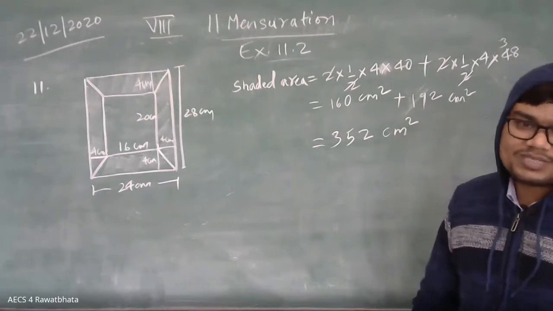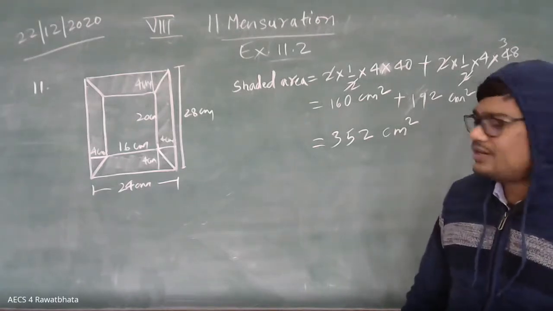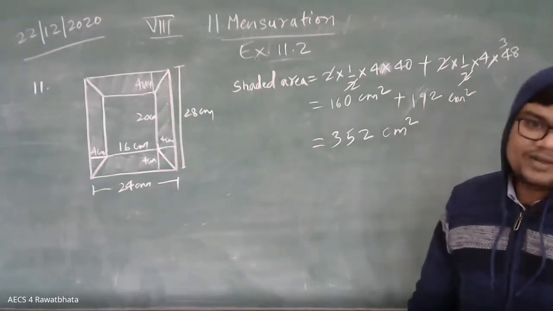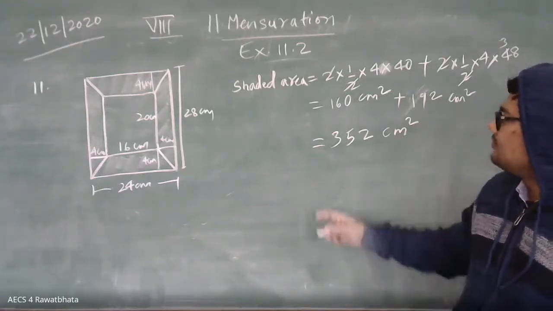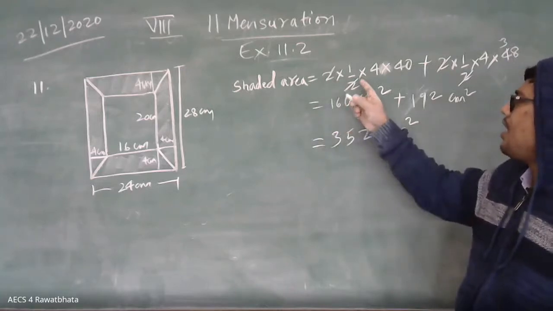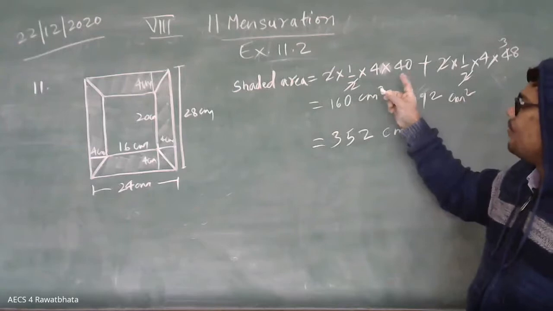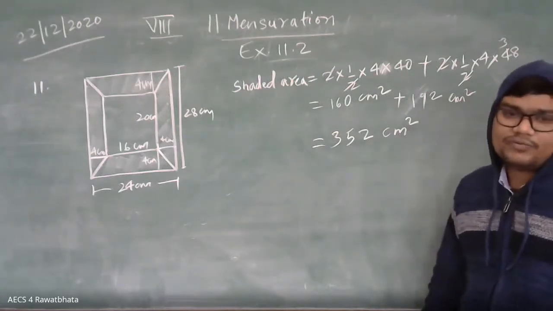Opposite trapeziums are identical. So instead of finding each one separately, I have multiplied by 2 to find the area. For the top and bottom trapezium, we have half into height, which is 4, into the sum of parallel sides, which is 40. 24 plus 16 is 40.